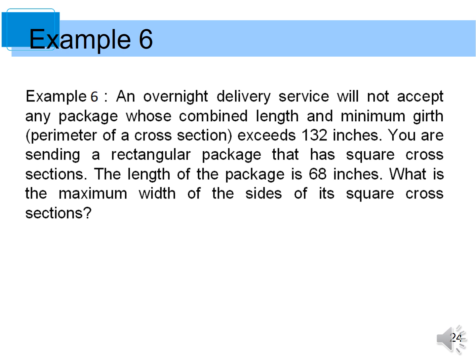Look at the first important information: the combined length and minimum girth. And what is the meaning of the girth? It's the perimeter of a cross section. Let's say 132 inches.